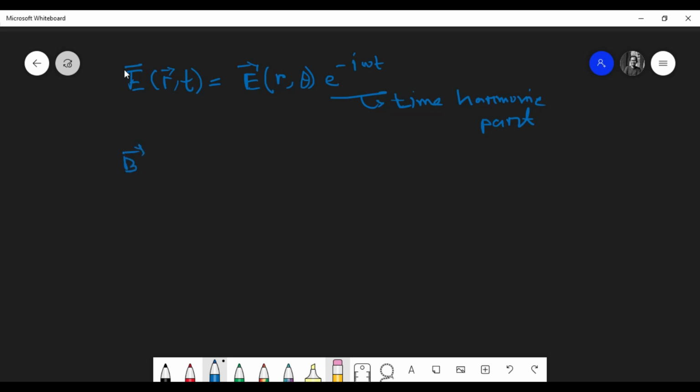Now, the magnetic field will be of a similar kind. This will also be independent of the azimuthal angle, so no phi dependence here. And there will be the time dependence, which is a time harmonic function of this exponential type.